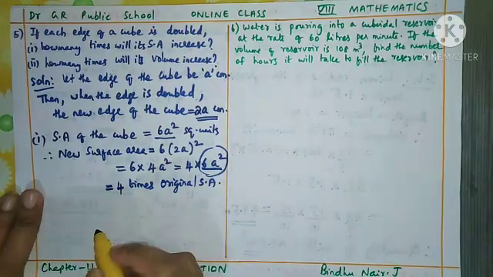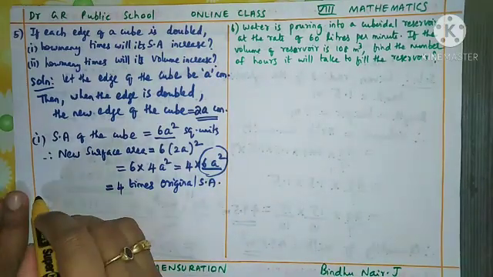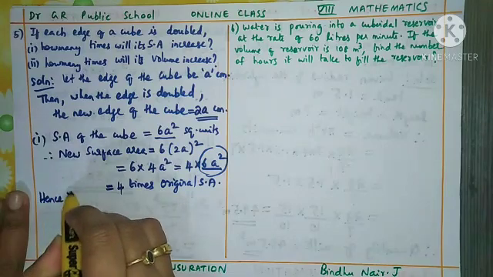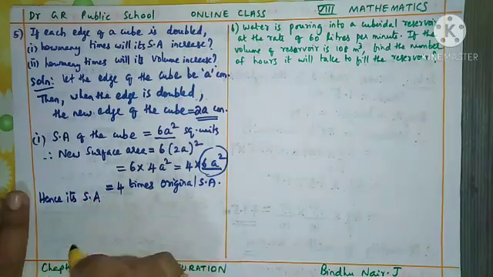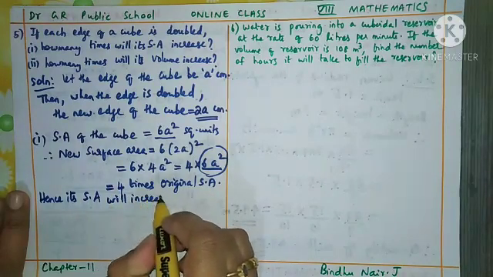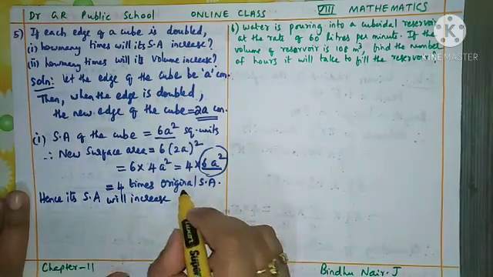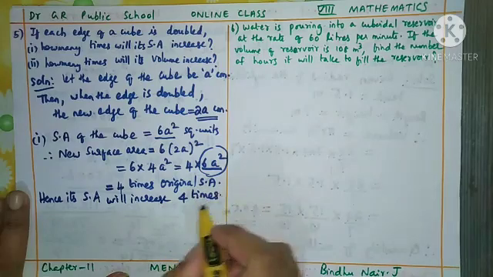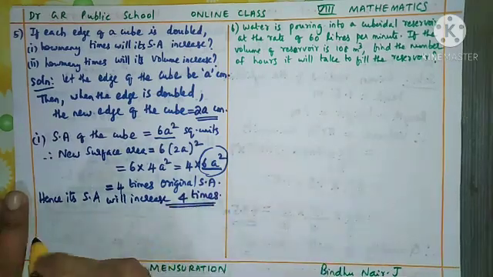So you can write, hence its surface area will increase 4 times. So that is the answer for the first subdivision.